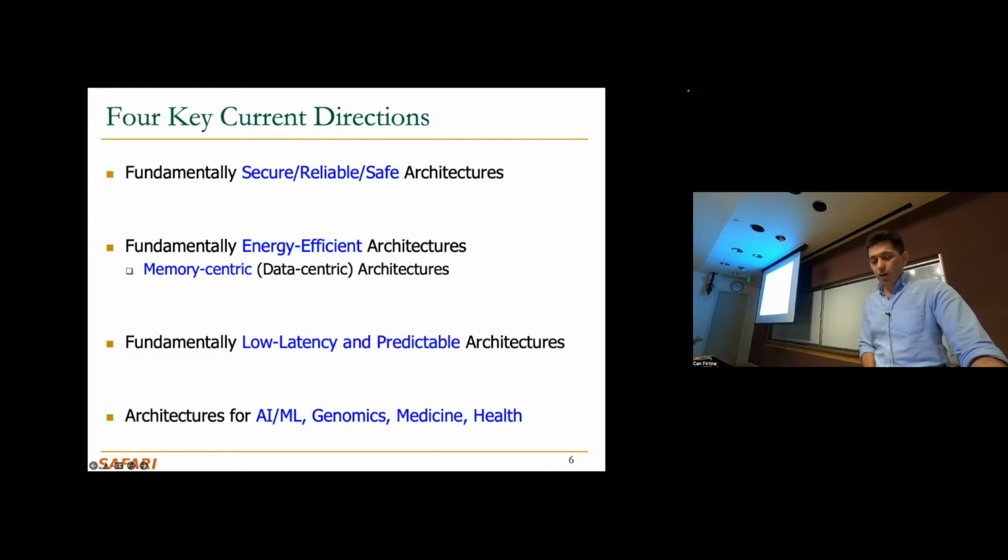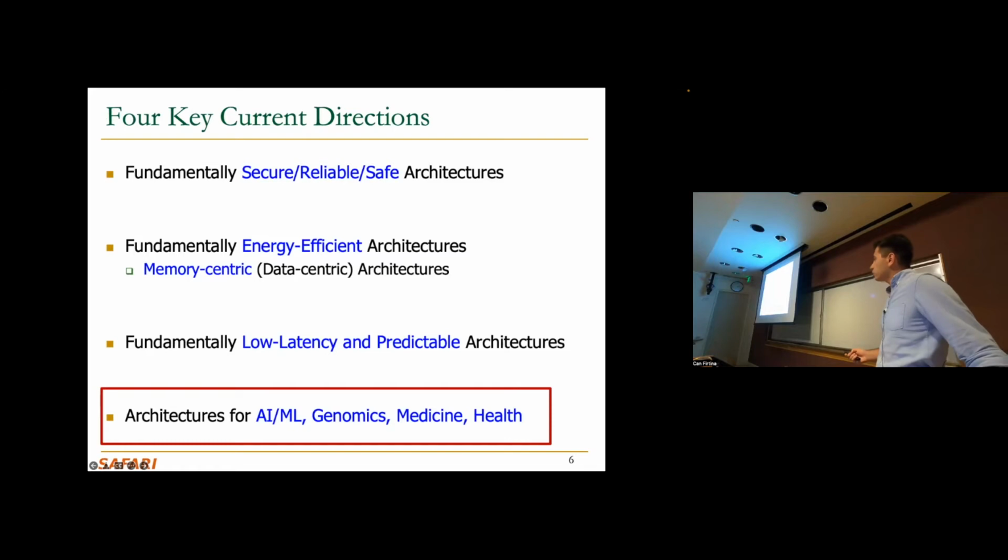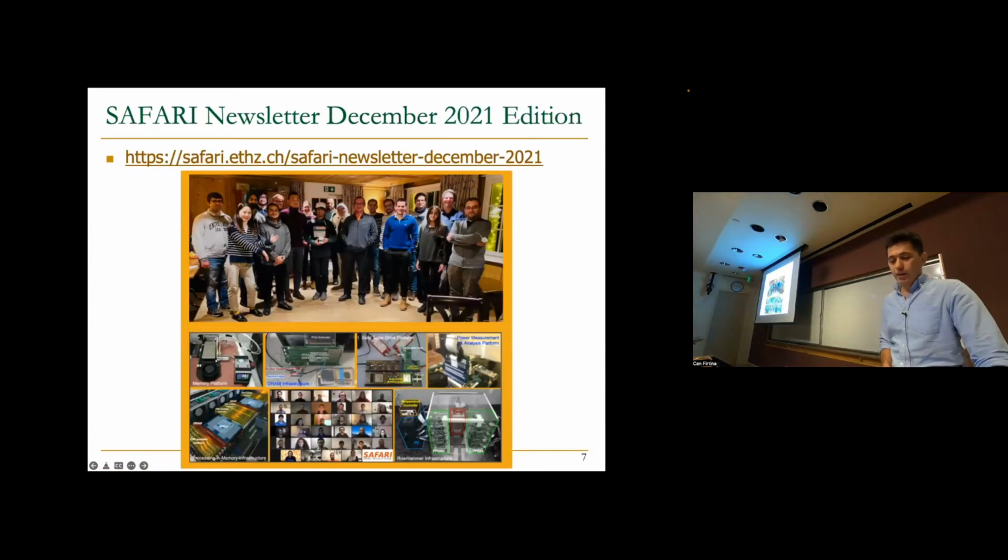We have in our group 4 key directions. I will be mostly focusing on the fourth direction over here, which is mostly about genomics, as you may have already guessed.